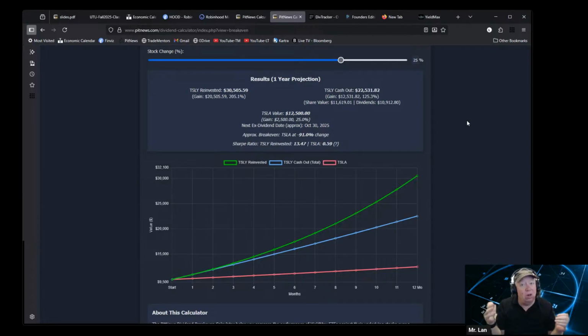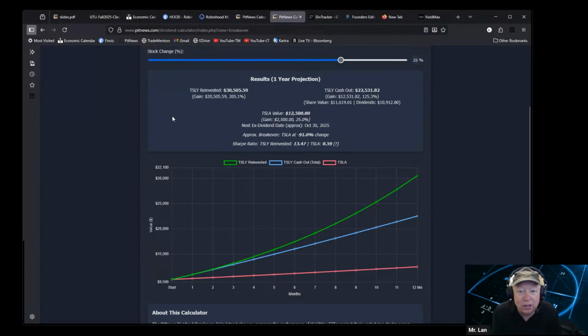I'm rocking and rolling. Okay, well, this red line represents Tesla. What happened to your TSLY? Well, it gets to go up too, because they didn't have to pay out any premiums, right? And it went up. And so now you went up too. So now you went up to 22,000 on this one. You went up to 30,000 on that one. Tesla went up 25%. So you'd have to do that math to see how much that was.